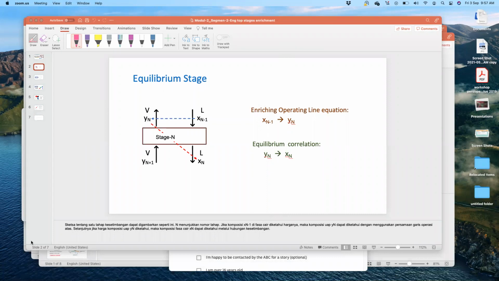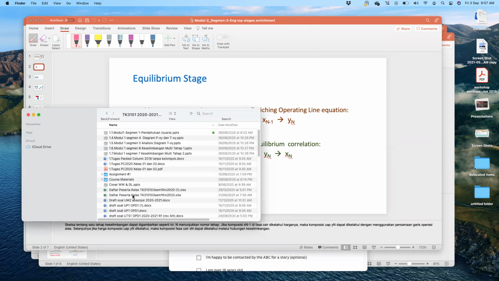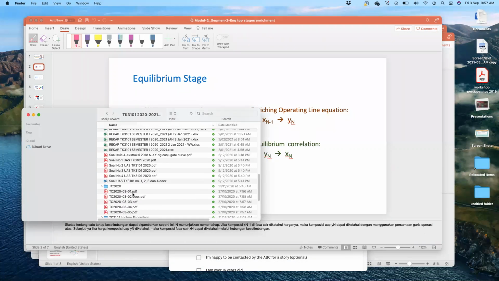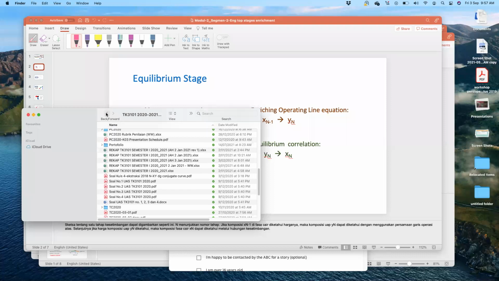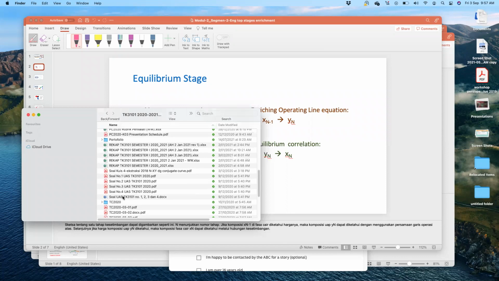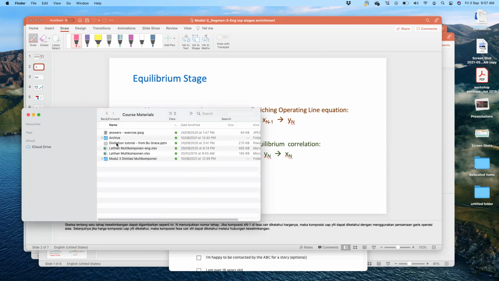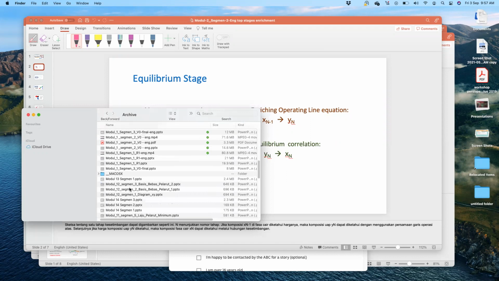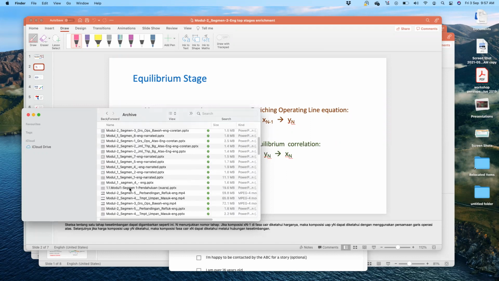Sorry. Let me check the material from last year first, about what the distillation column looks like, just to make sure.